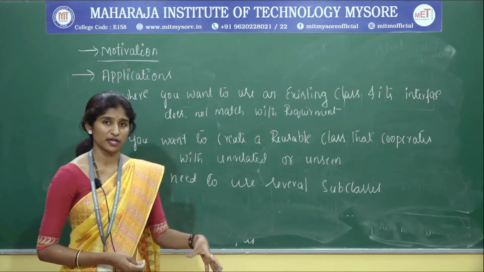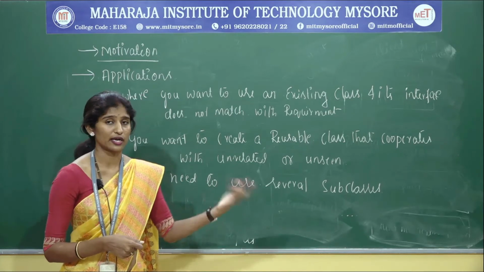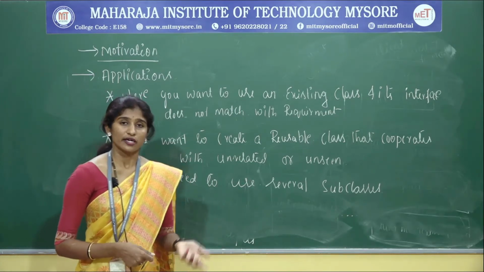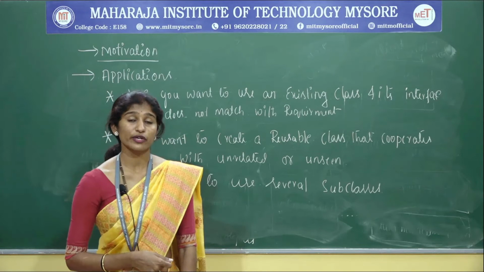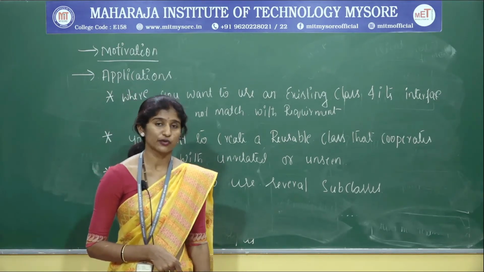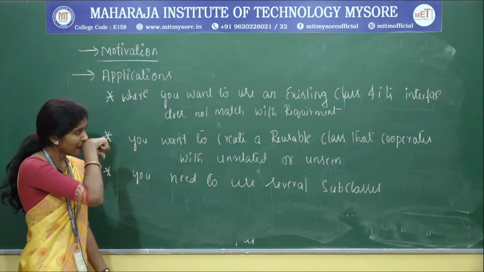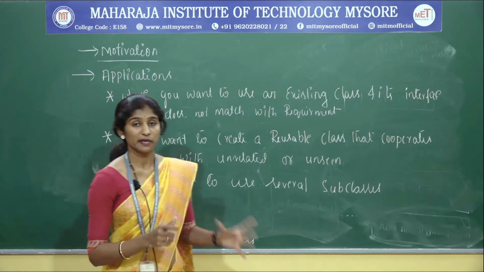There were so many shapes available: dotted lines, stretchable lines, arrow line. So we have so many different kinds of shapes available. When you have so many subclasses, in that situation also you can use the adapter design pattern. So totally we have the 3 applications that are mainly focused.